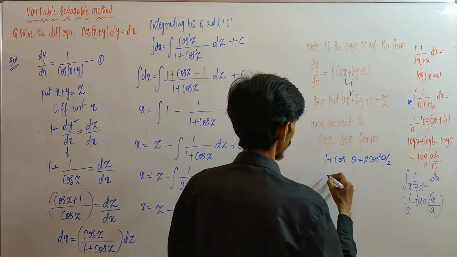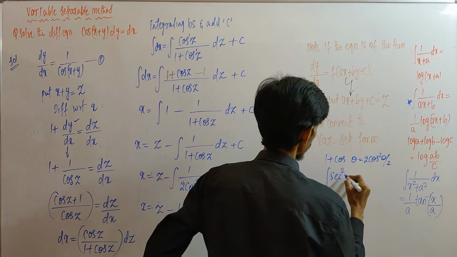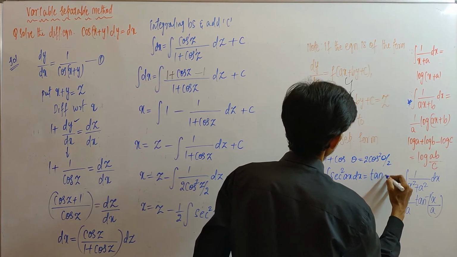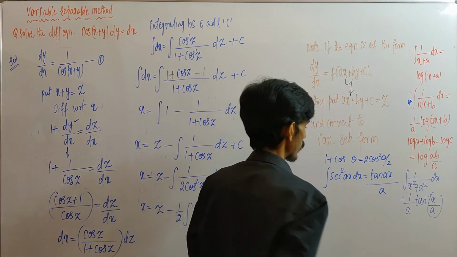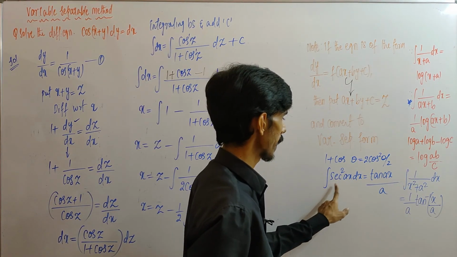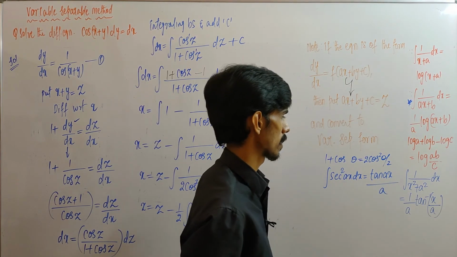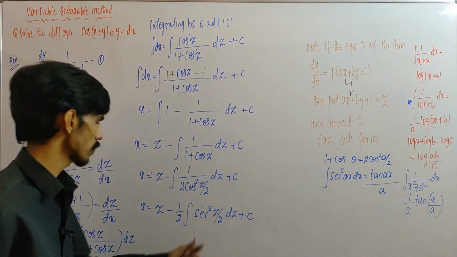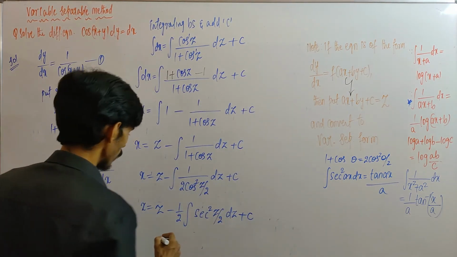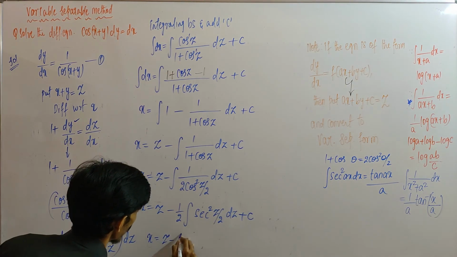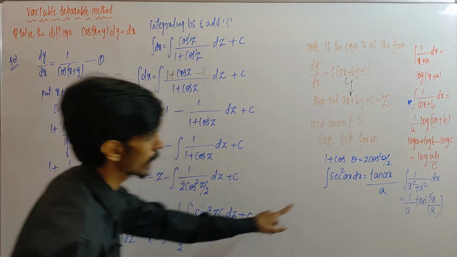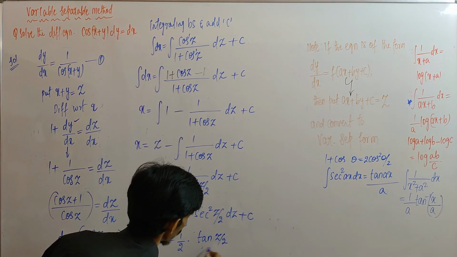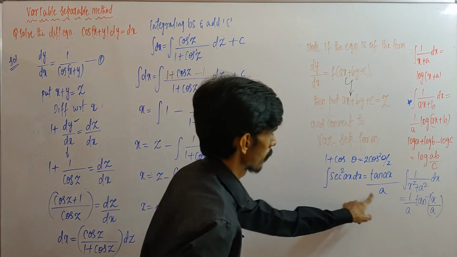Now we know that integration of secant square ax dx value is tan ax upon a. If a value is 1, integration of secant square x is tan x. If here we have ax, then we have to divide by a. So this will become, let me write down here itself, x is equal to z minus 1 by 2 into integration of secant square is tan, so we'll get tan z by 2 upon a.